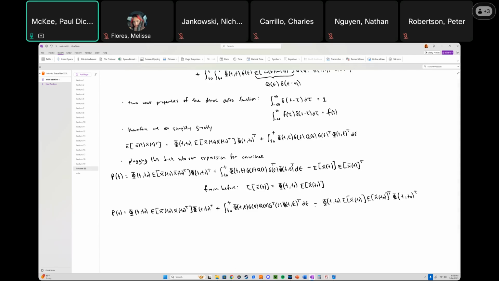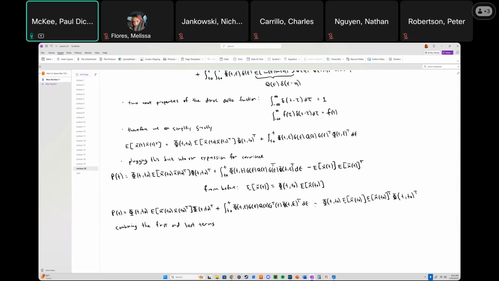Okay, now, as this is, we've reached kind of the top of the mountain. Things are about to cancel out, and things are about to get a little bit easier to work with here. So this is pretty much as bad as it gets. This first term is state transition matrix times some stuff times state transition matrix transpose. And the last term is state transition matrix times some stuff times state transition matrix transpose. So we can combine the first and last terms. Okay.